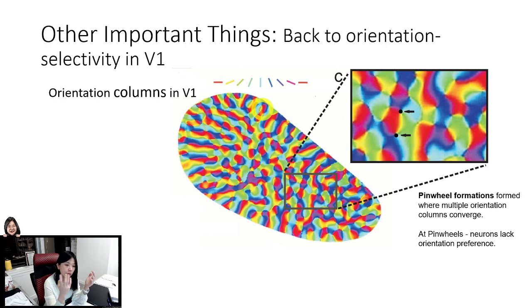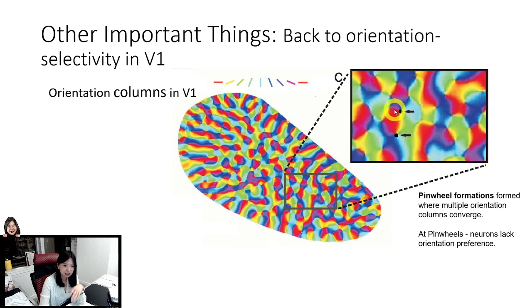I think the easiest way to understand this is, okay, now I'm looking down from the surface and I'm going to zoom in a little bit. What we find is that there are all of these smooth transitions, but at certain points we can find these columns where we have a radial representation of all possible orientations.